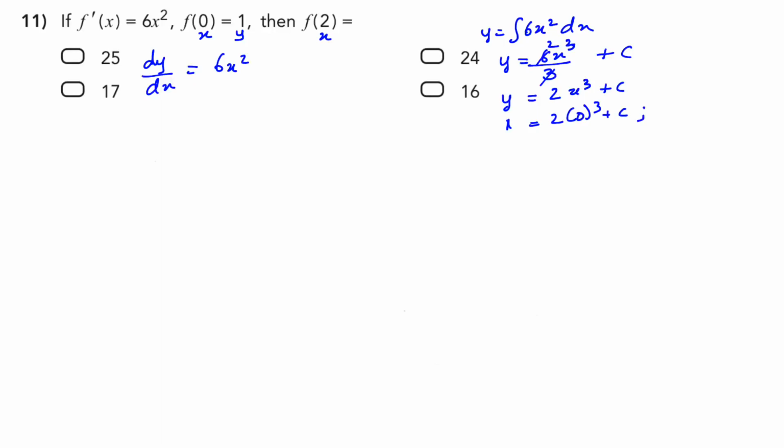This gives us c is equal to 1. So we have our equation of f of x. Y is equal to 2x cubed plus 1. Now in place of x, we are going to substitute 2 to find our y, and that is 17. So the answer is C.